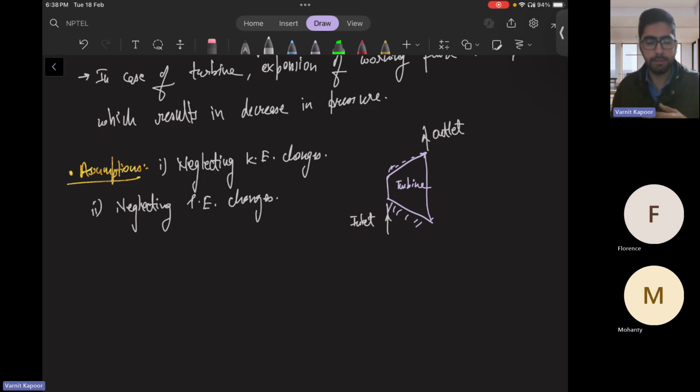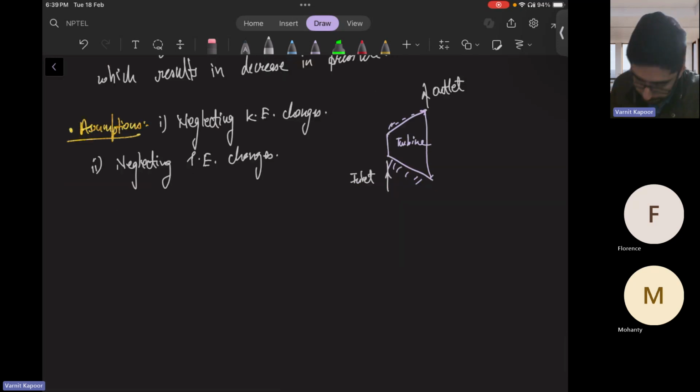There can be instances where the inlet and outlet are at different positions, but we are assuming they are at the same datum. So potential energy changes will also be neglected. And again, it is well insulated, so no heat interaction.